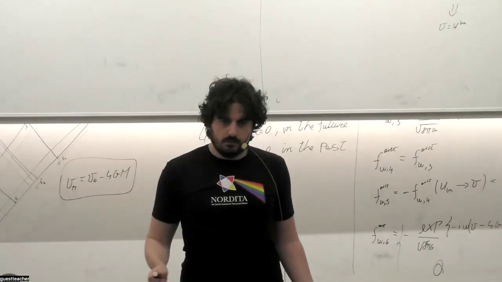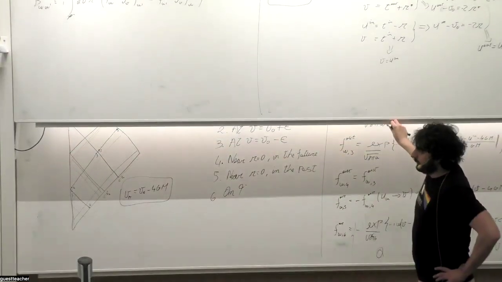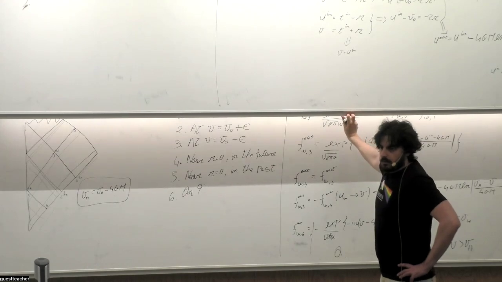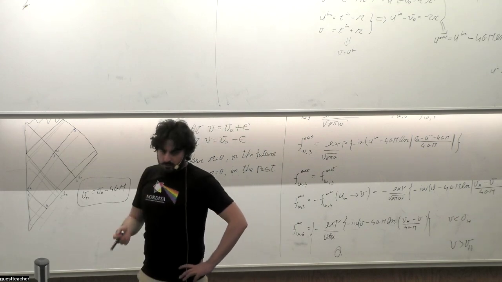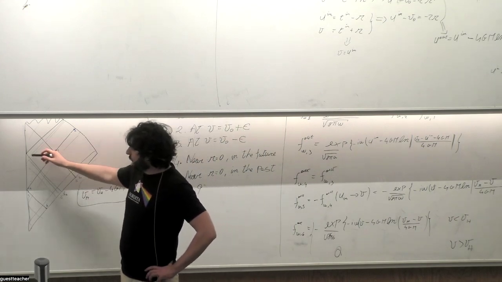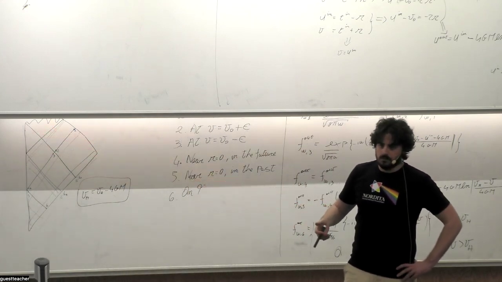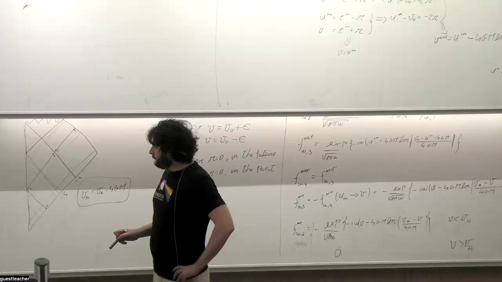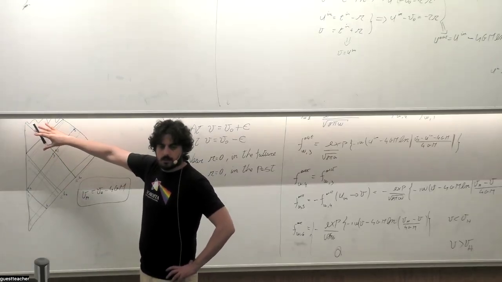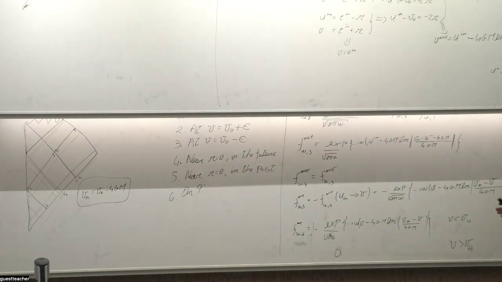Given that I'm only taking into consideration stuff outside the horizon, I could actually do that. But for other questions, like if you want to understand what happens to the modes that enter the horizon, then you should change coordinates. So it's just easier to start with coordinates that are well defined everywhere. There are interesting questions about the modes that enter the horizon. They're just more complicated because there is no precise way to define the modes. Yeah, thank you.